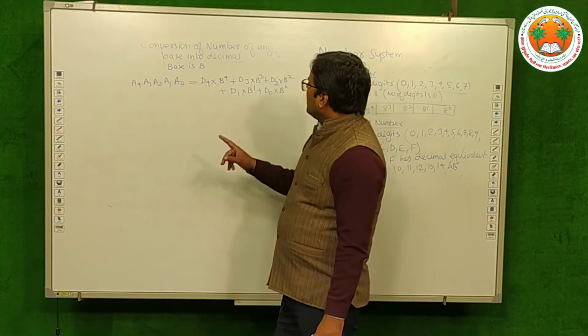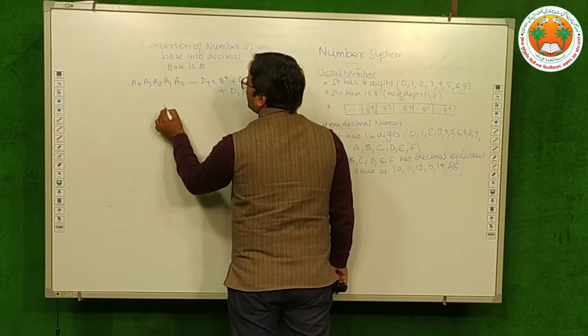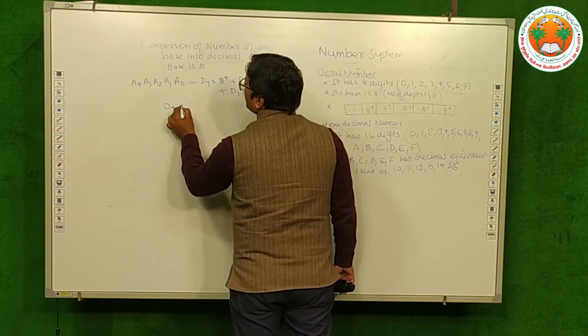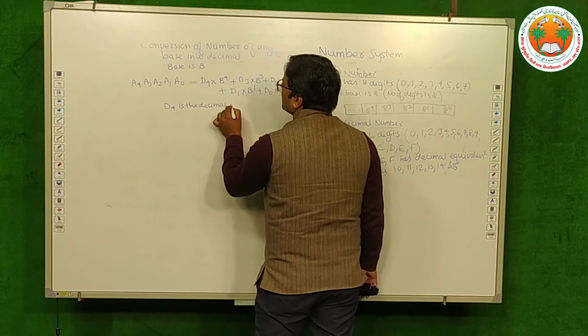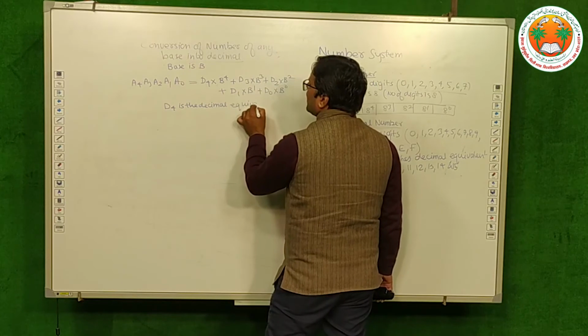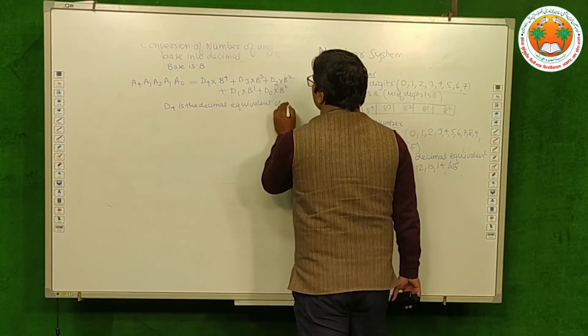But here, one thing is to be noted that D4 is the decimal equivalent of A4.